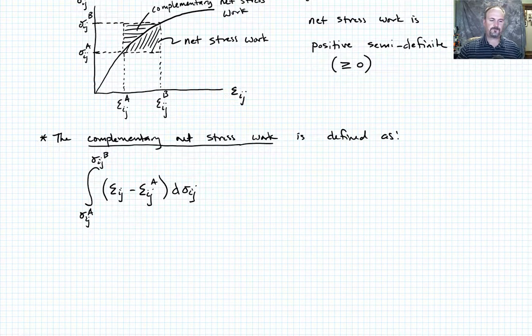So what could we say about that term with respect to this type of behavior? We can use equation 9 above, what we just talked about for the net stress work being positive semi-definite, and we can develop restrictions also on the complementary net stress work.